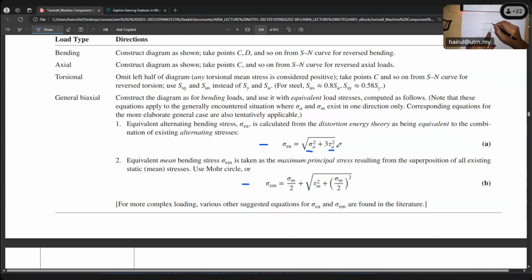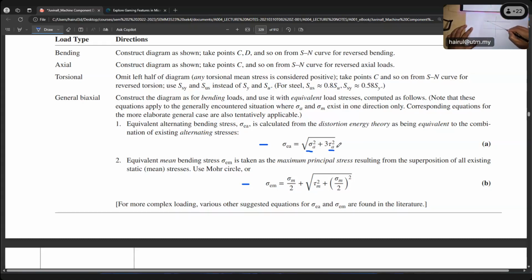Whenever you have a fillet like this and you have bending stress, guys, if it is a plane diameter at the same section, when we have bending, our stress distribution is like this.